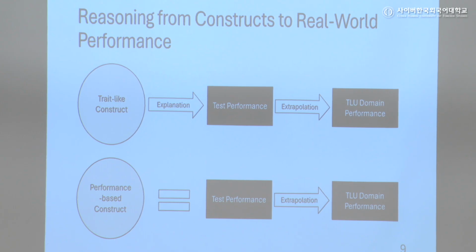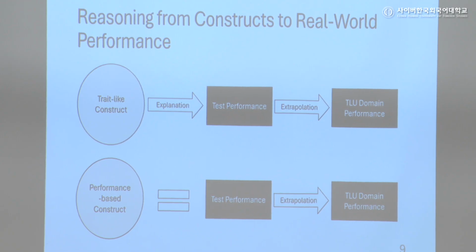The original TOEFL iBT argument does have an explanation inference, but in her recent book on validity, she doesn't give an example of the TOEFL explanation inference. She glosses over it. She focuses on some other tests. So if you have a strong performance-based approach, you're not making a strong claim about underlying language ability, but you're just looking at what people can do.